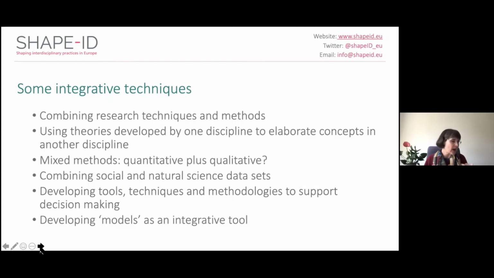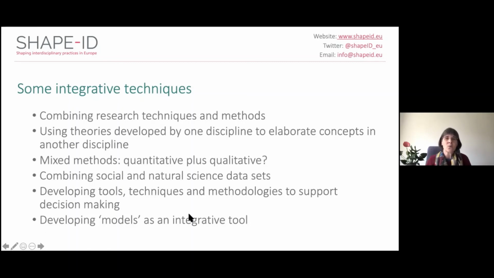It could be at a much more theoretical level, that you're taking a theory that's been developed in one discipline and you're then trying to elaborate that within a different disciplinary context. I guess the most obvious or straightforward approach to integration is when you're trying to combine quantitative and qualitative methods. Now, that in itself may not be interdisciplinary because they may both be sociological methods. So again, that isn't necessarily what I would call interdisciplinary.